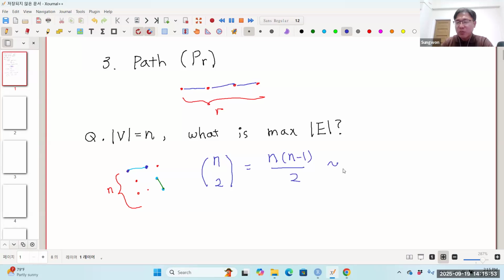So that will be approximately n squared over 2. So that's approximately the maximum number of edges you can draw on n vertices.